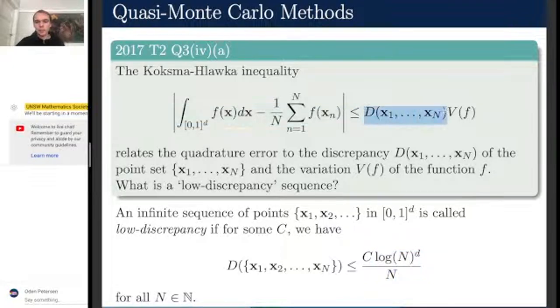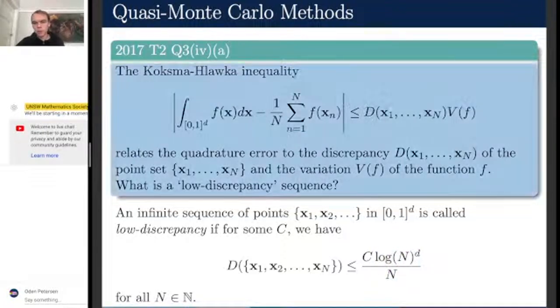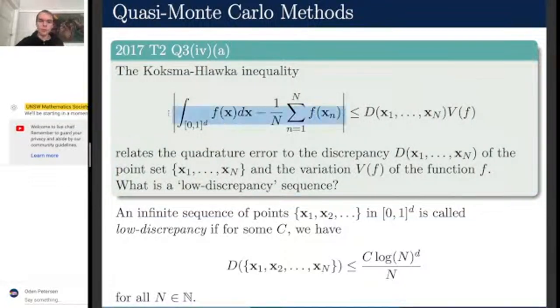But if we do achieve this low discrepancy, that gives us quite a tight bound because of this inequality. I guess it gives a tight bound to the absolute error of this function divided by the variation of the function, which hopefully is reasonably small.